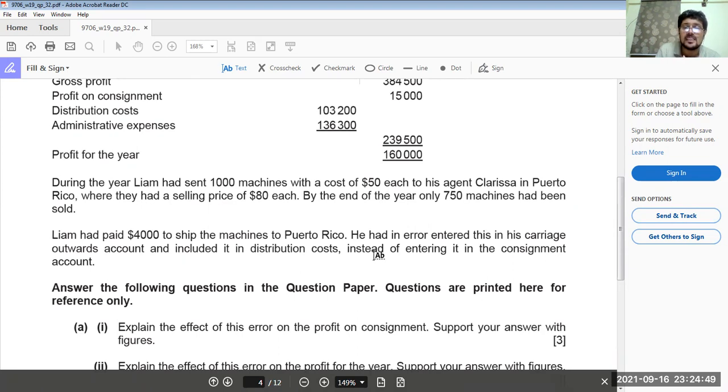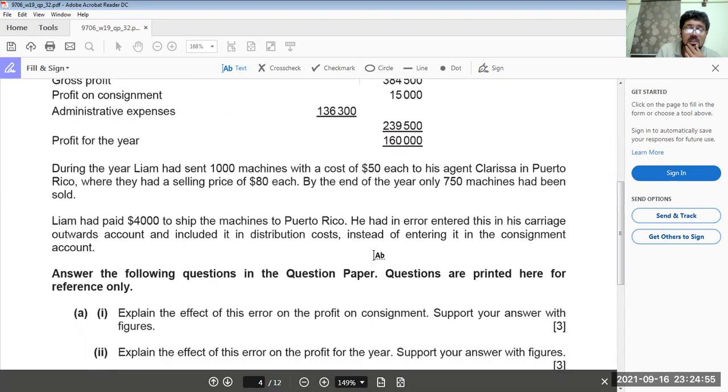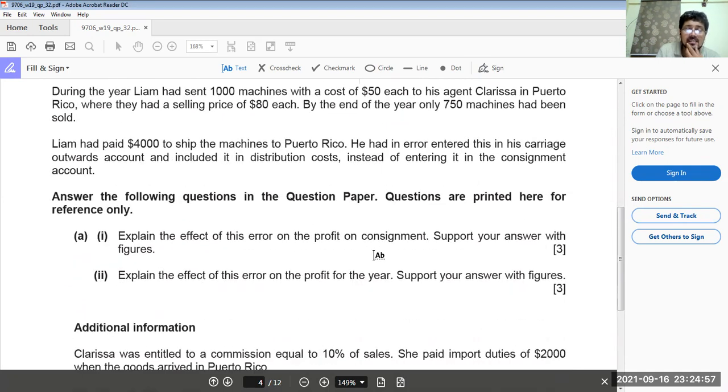By the end of the year, only 750 machines had been sold. Liam had paid $4,000 to ship the machines to Puerto Rico. He had in error entered this in his carriage outwards account and included it in his distribution cost instead of entering it in the consignment account. Answer the following questions.